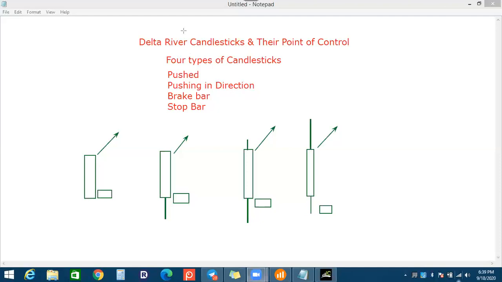Red or green, whatever you are looking at. Just understand the basic concept, then we'll move to the differences and variations. If I give you the variations here, then you will be confused.